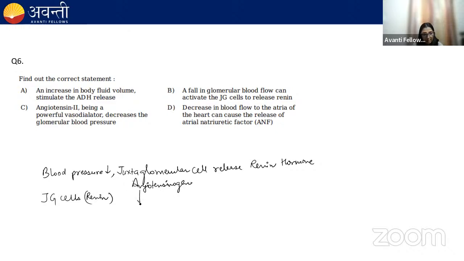This renin hormone will convert angiotensinogen to angiotensin 1. This angiotensinogen is produced by the liver. Now this angiotensin 1 is converted to angiotensin 2 with the help of angiotensin converting enzyme.